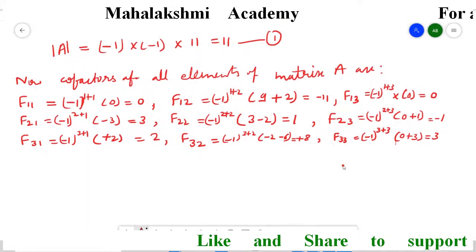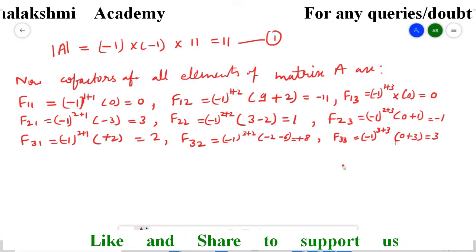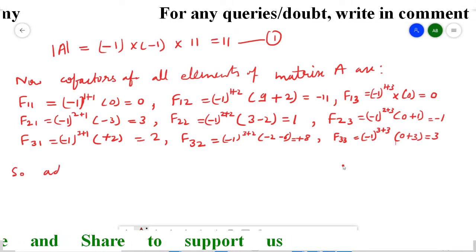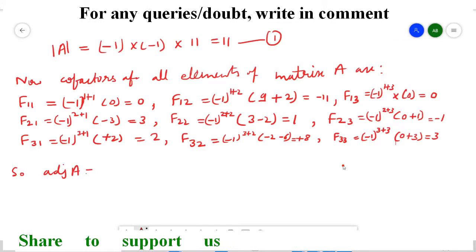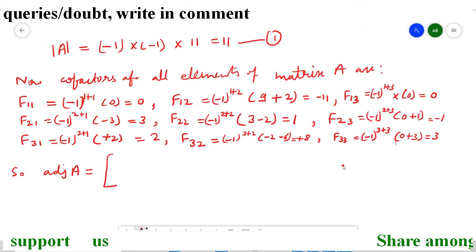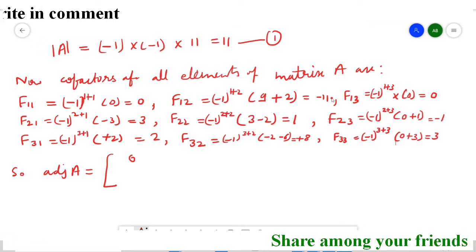Now after finding the cofactors, we have to find the adjoint of A. So we'll write here the cofactors: 0, 0, then -11, 0.